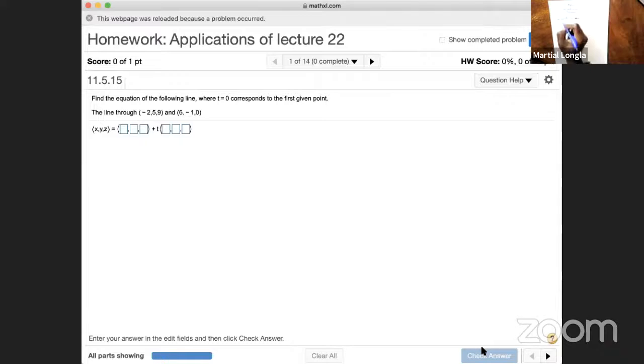So here, let's say the problem starts with points with coordinates -2, 5, 9, and 6, -1, 0. And you need to find the equation, the vector equation. That's what it is.